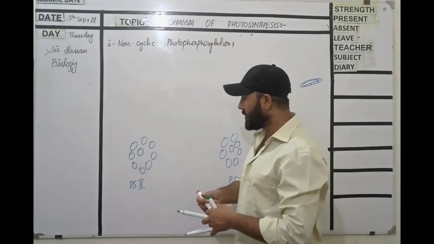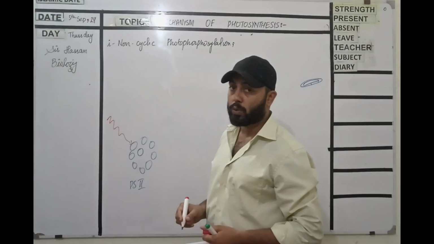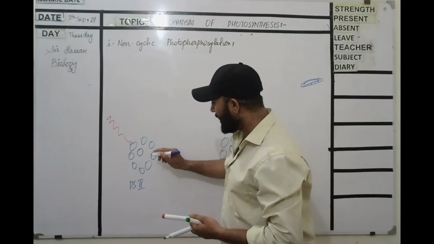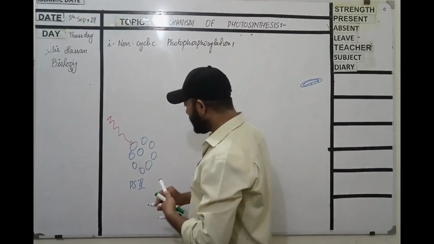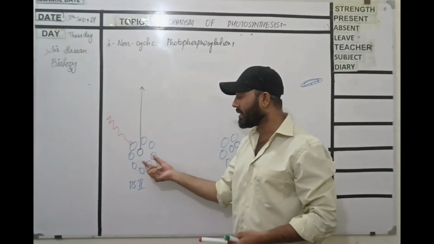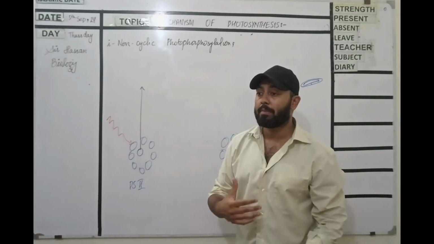What is going to happen? First of all, the sunlight is going to hit this photosystem 2, due to which the electron from the central chlorophyll would jump. Why has the electron jumped? Because after the absorption of the sunlight, the chlorophyll has become excited.